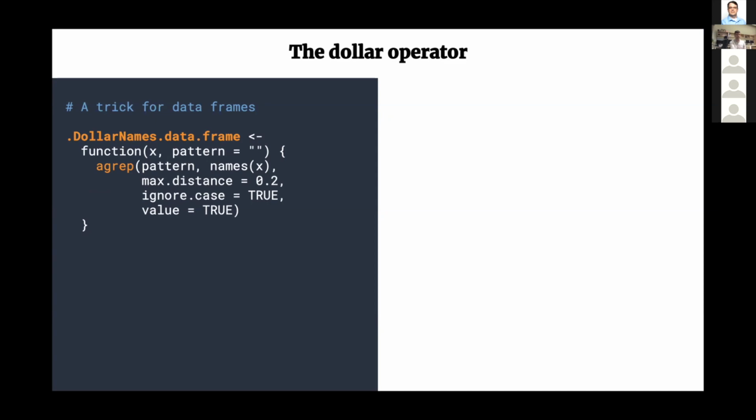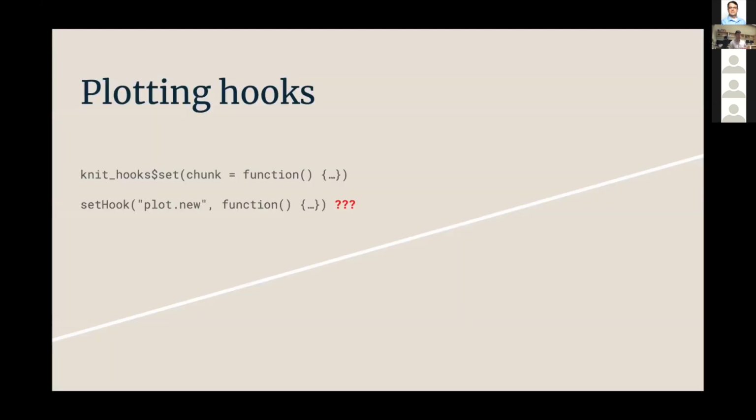So anyway, if we put this function into R, and then we start with this famous iris dataset, press the dollar operator and start typing something closely resembling one of the columns like Z, P, C, press tab, and it will correct our mistakes, and it will know that the closest column to what we wanted to find is PCs, so it will autocomplete. Yep, so that's about the dollar operator.